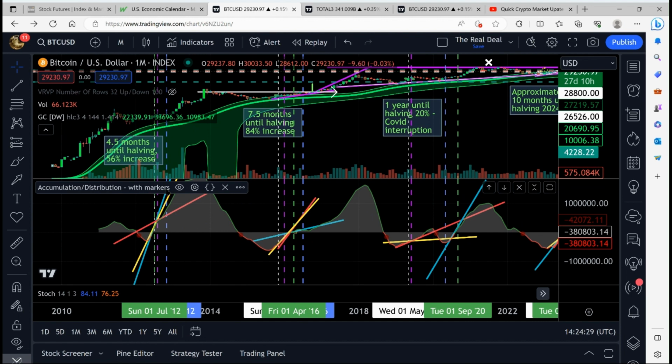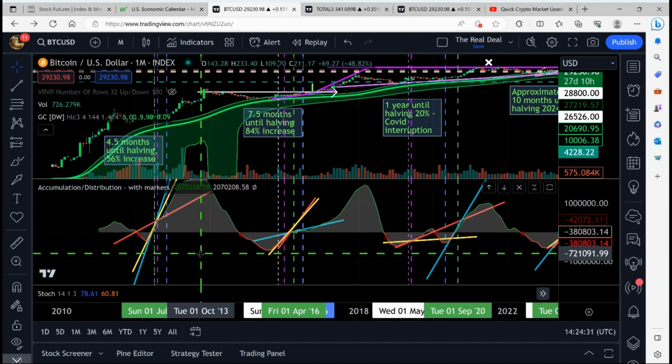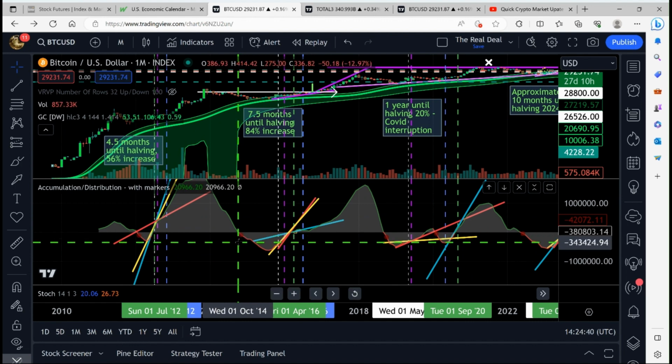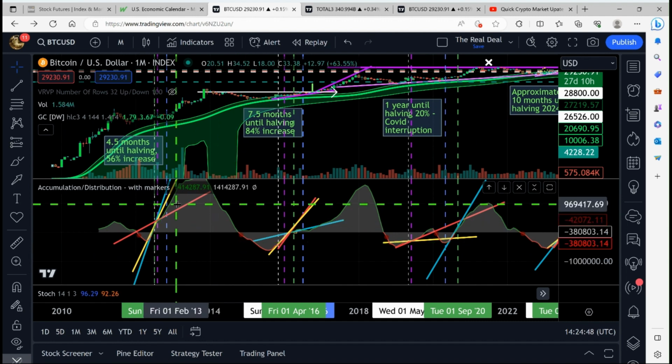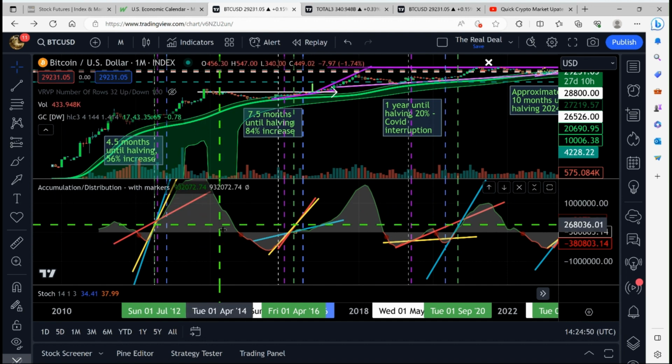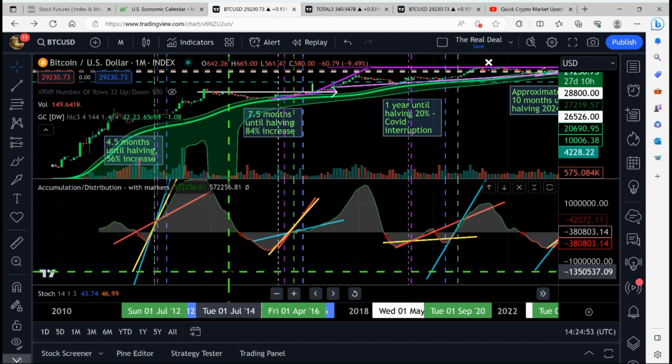It's a community script on TradingView, and it's a moving average oscillator of the accumulation distribution line, and I found that the slope of this indicator is very, very helpful in measuring the strength of price action.